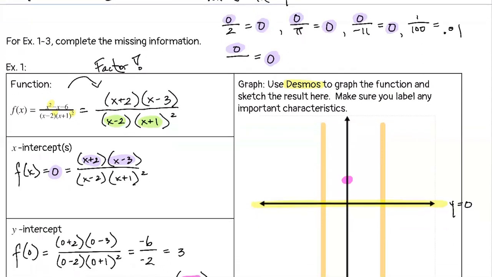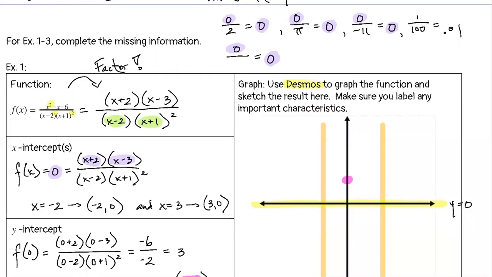And so this is going to give us x equals -2 as an x-intercept, which we can say is (-2, 0), and x equals 3, or (3, 0), as our other x-intercept.